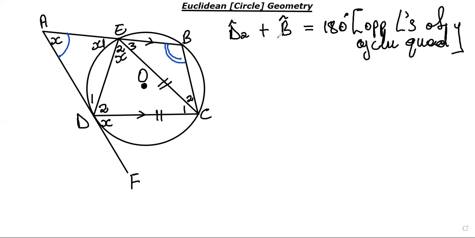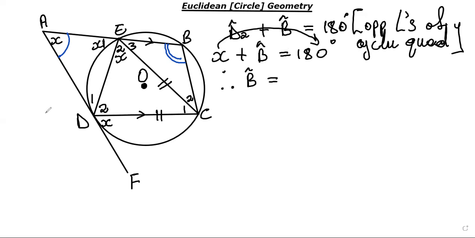Right. But now I know that the size of angle D2 is X. I'm looking for the size of angle B, but everything is equal to 180. So if I make B the subject of the formula, I'm just going to transpose my X to the right-hand side. So the size of angle B is 180 degrees minus X. Great stuff.